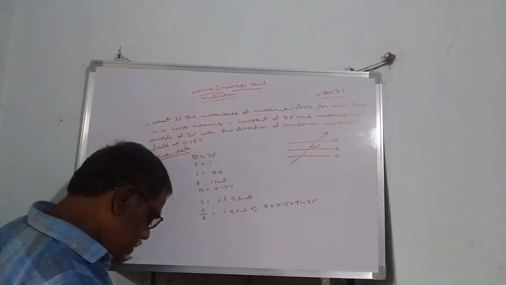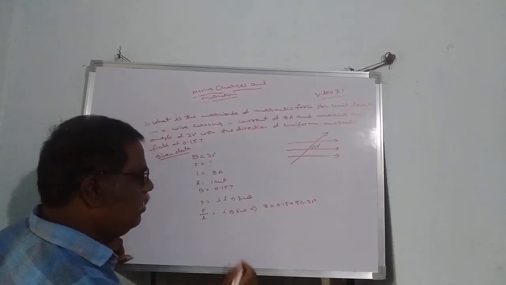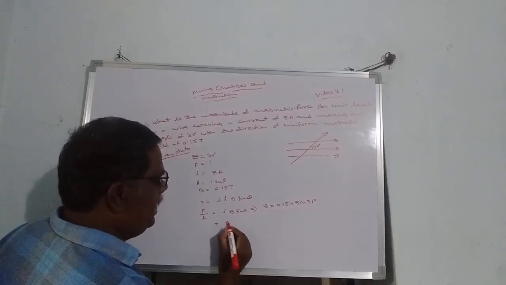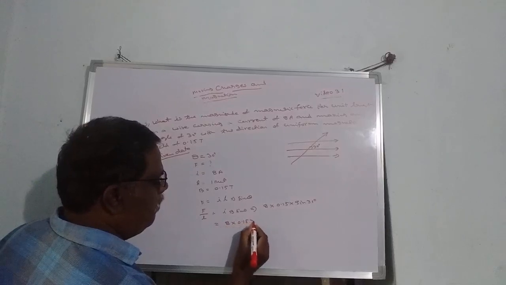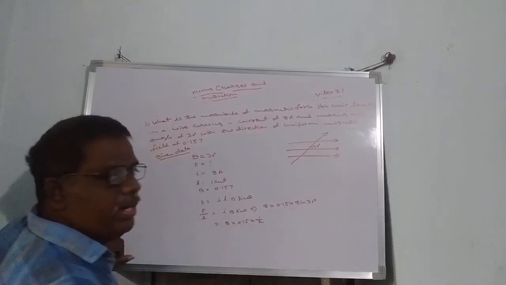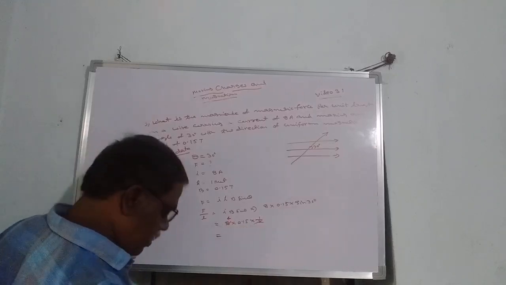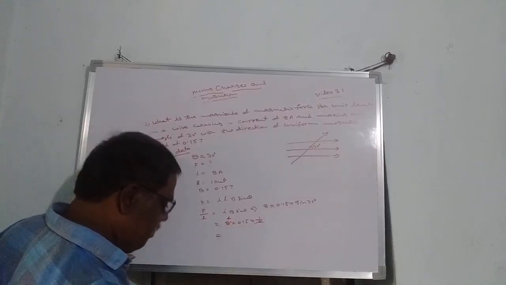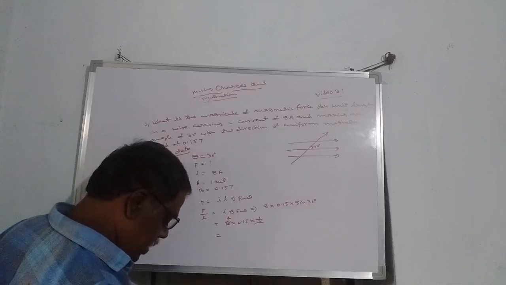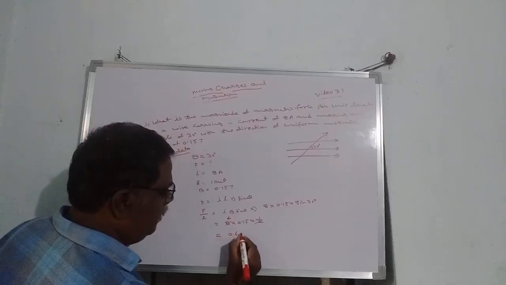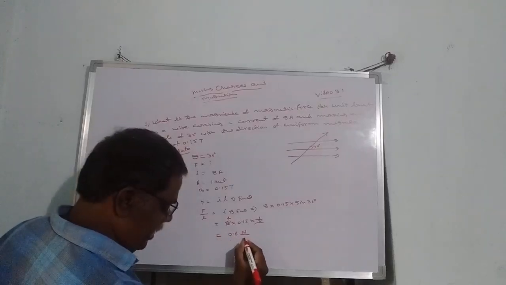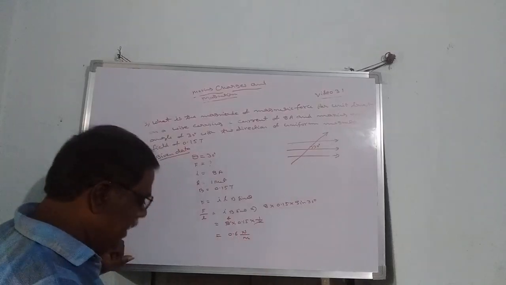So 8 into 0.15 into sin 30, and sin 30 is half, so it is 4 into 0.15, which is equal to 0.6. Force per unit length is nothing but Newton per meter.